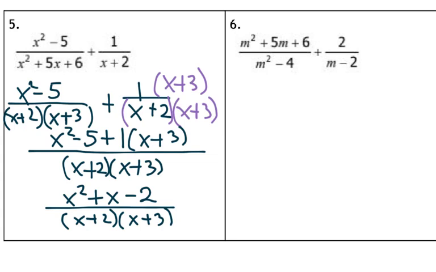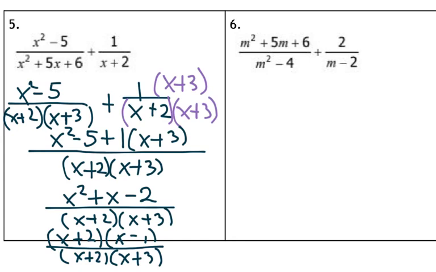Okay, and then we look at the numerator, and the numerator has a quadratic expression, which potentially could be factored. So now we have to think of, do we have any factors of -2 that add up to 1? And we can factor that to be x plus 2 and x minus 1 over x plus 2, x plus 3.